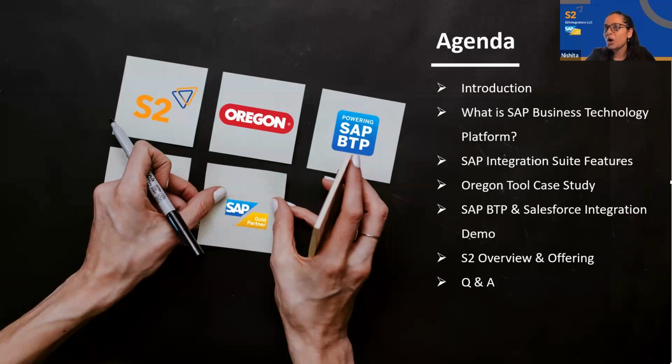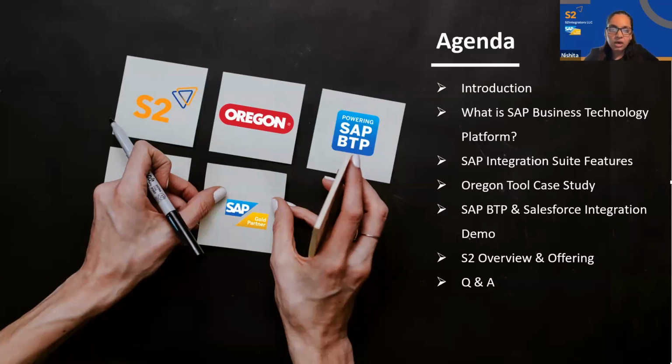So before we move on into the content of our webinar, just to set the stage, the webinar will kick off with an introduction, setting the stage for discussions ahead and on various aspects of integration, shedding light on SAP BTP. We will then discover how BTP empowers organizations to streamline their processes and achieve business objectives efficiently.